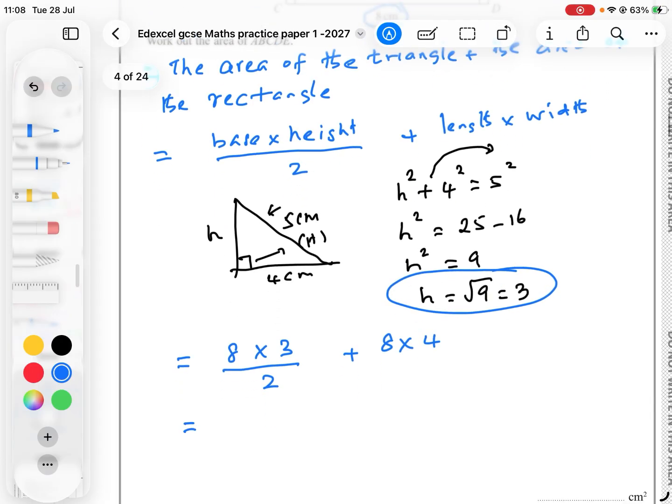So now you can simplify. 2 times 4, 8. 4 times 3, 12. Plus 8 times 4, 32.